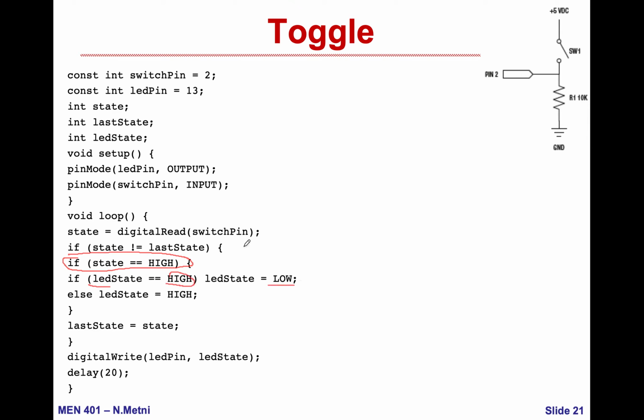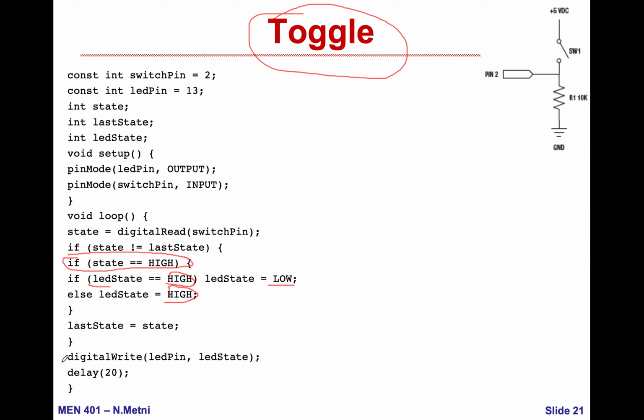And if it was low, else, set it to high. So what I am doing is toggling my LED. If it was high, it will be low, and if it was low, it will be high.